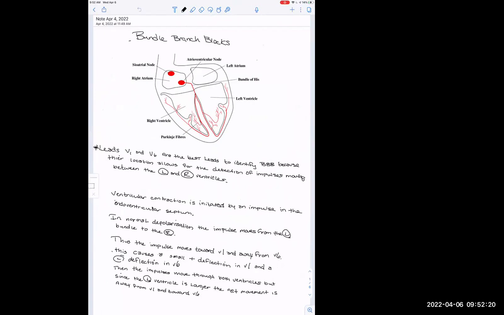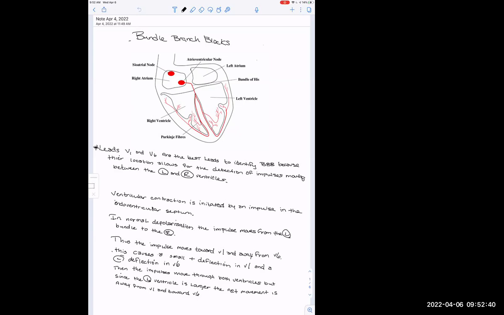The normal cardiac conduction pathway is considered the interstate because it's the fastest way for an impulse to get from point A to point B.